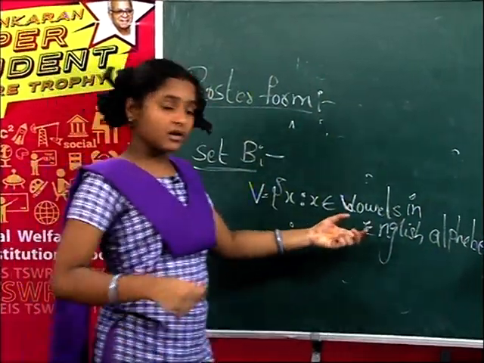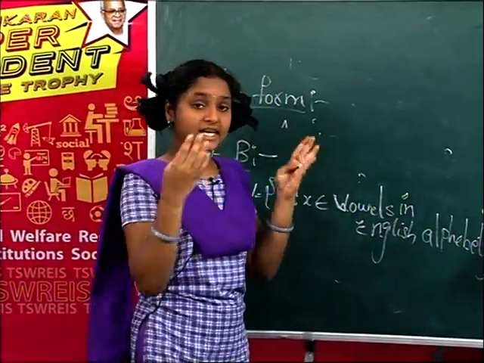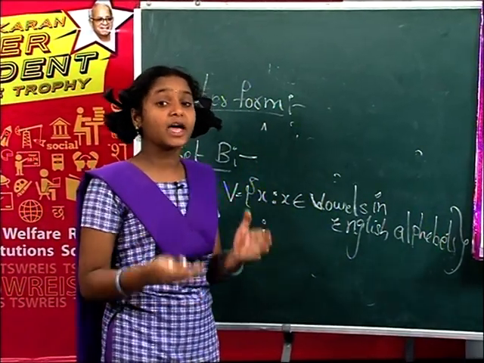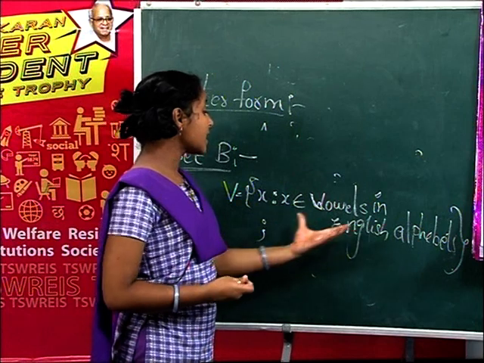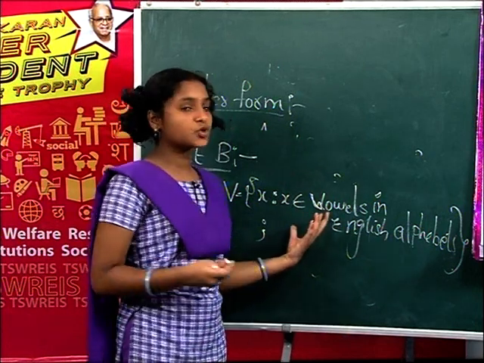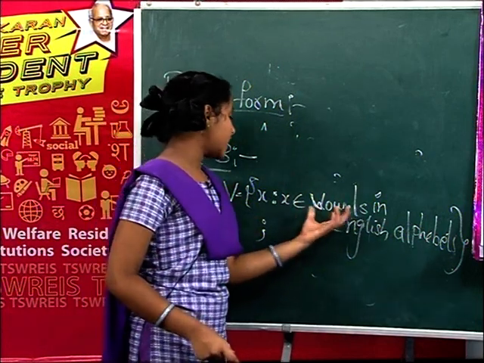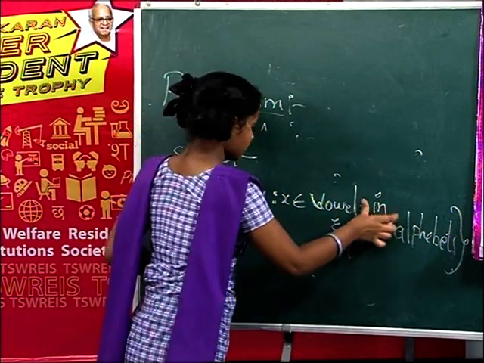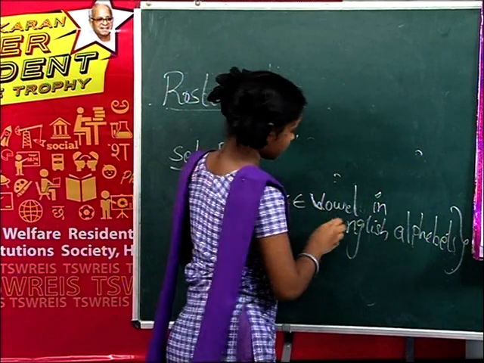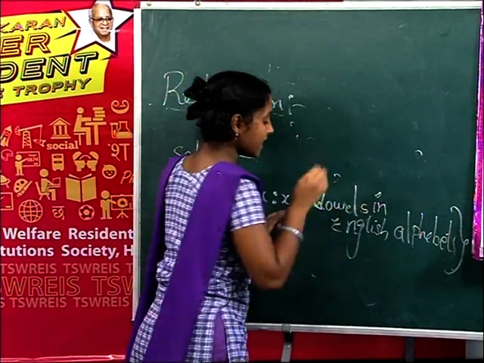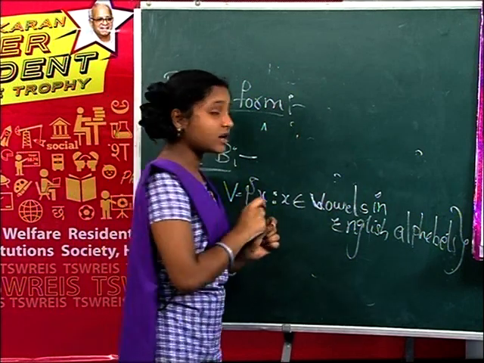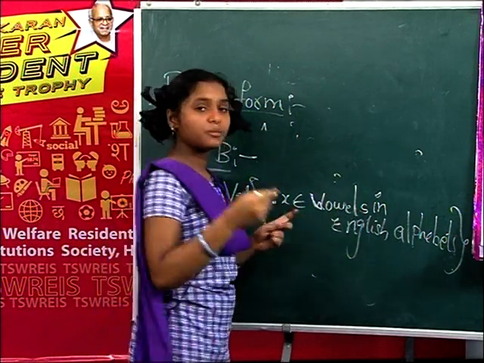Now in this set, the elements have some common feature, and we have to write that using a pattern. The pattern should be in a sentence, and we have to represent that sentence. Here I wrote it wrong. Look here, I wrote vowels, and the important thing is we should not write the plural word.